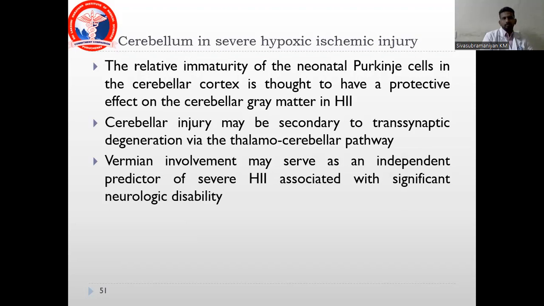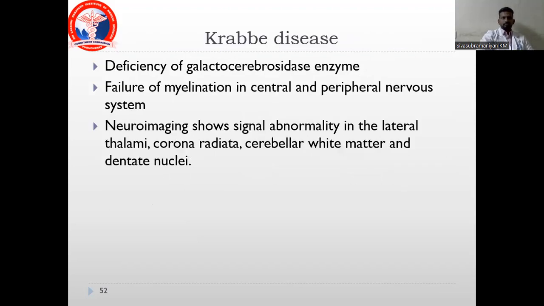And vermian involvement may be severe as an independent predictor of severe hypoxic ischemic injury associated with a significant neurological disability.